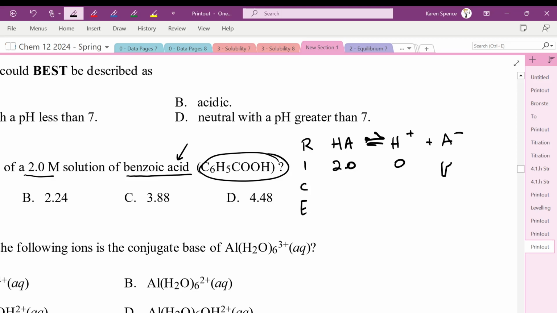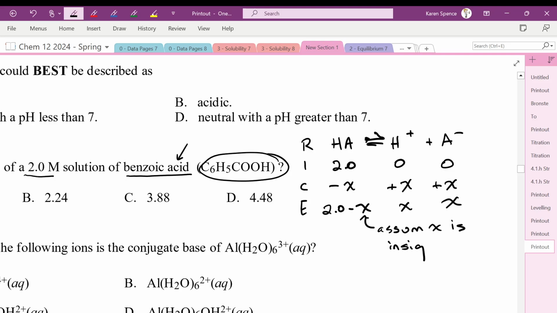This is 2. These always start at 0. These go up. This goes down. 2.0 minus x, x, x. And we are going to assume x is insignificant. Now, am I going to write all this for a multiple choice question? Not if I don't have to.